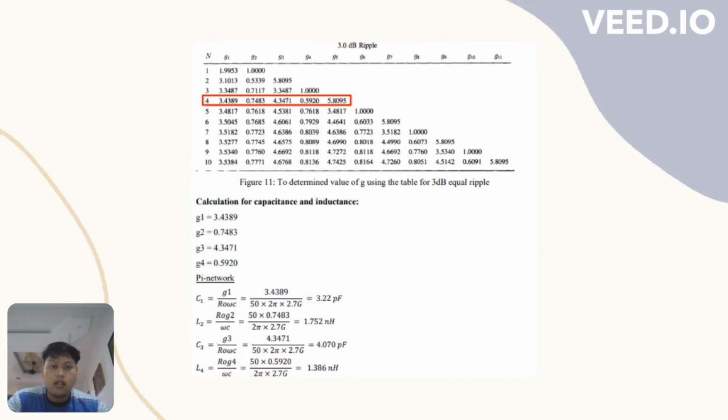Using this equal ripple diagram, we calculate for C1, L2, C3, L4. We just calculate until G4 because G5 is 1 and our n is 4.